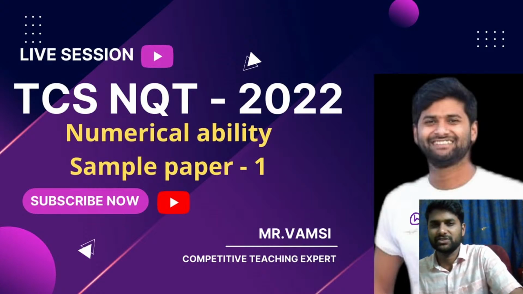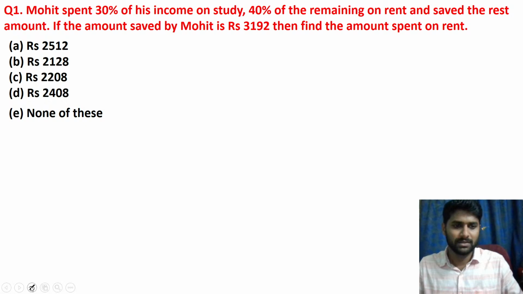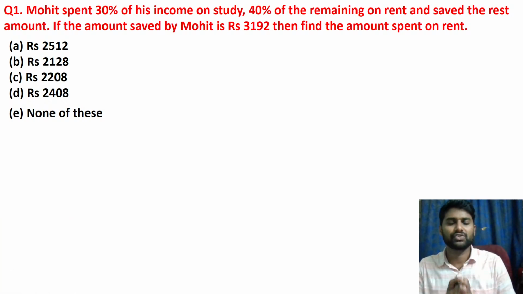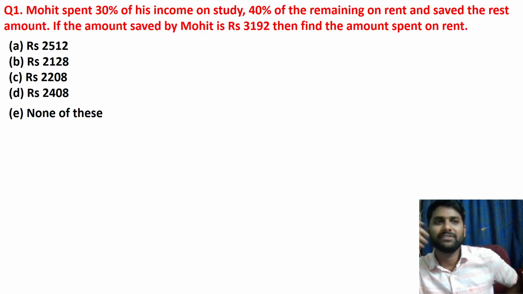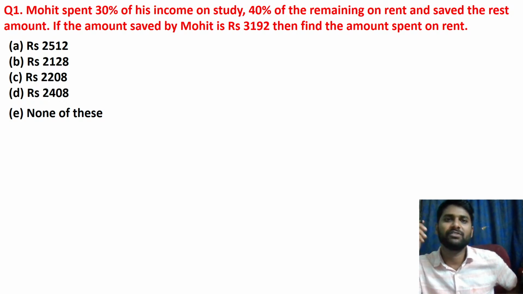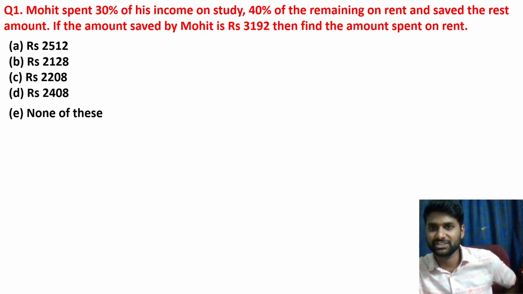I will start with the first question. Look into the question. Mohit spent 30% of his income on study and 40% of the remaining on rent and saved the rest of the amount. The amount saved by Mohit is 3,192. Then find the amount spent on rent.